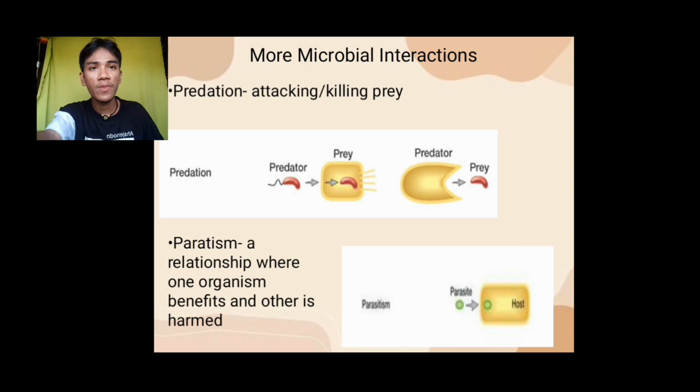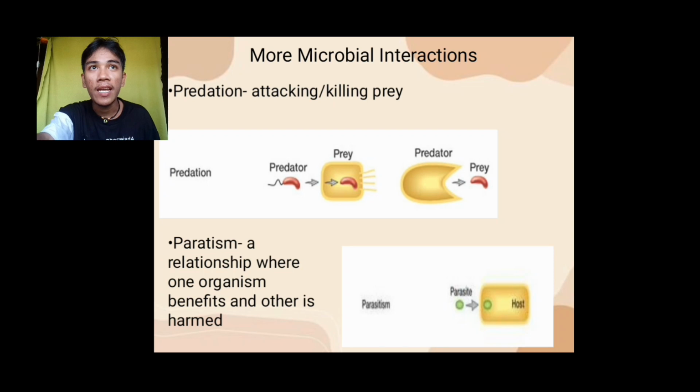So, more microbial interactions, predation, which is attacking or killing its prey, as you can see in the pictures, and the parasitism, a relationship where one organism benefits and the other is harmed. So imagine, kung i-relate natin siya sa love, ito yung mga taong manggagamit sa isang relasyon.